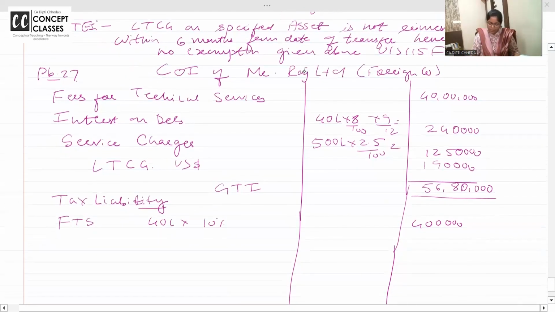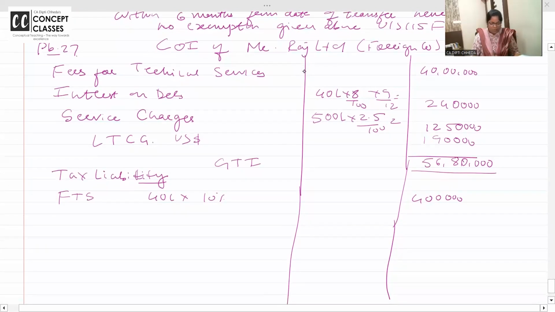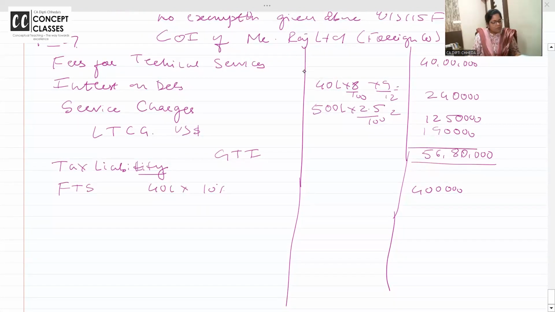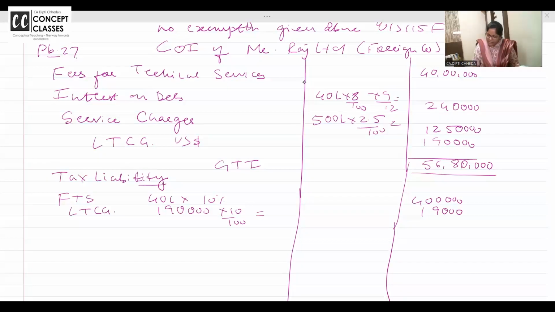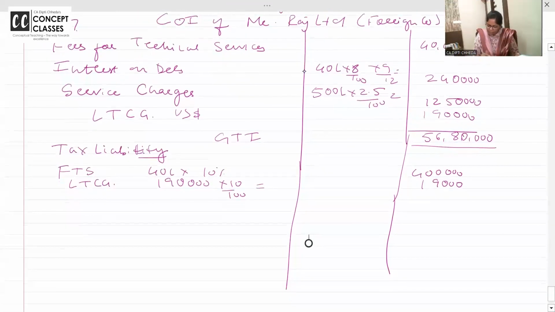What is your next? Service charges of lease. Let us take capital gain first, because that will be flat 10%. 1,90,000 into 10%, that is 19,000. And other two incomes are the routine incomes, interest on debentures and all, and it's a foreign company, so we can tax it at 40%.